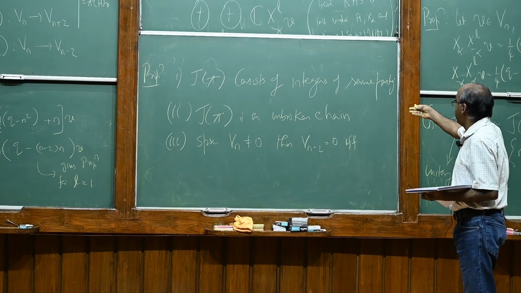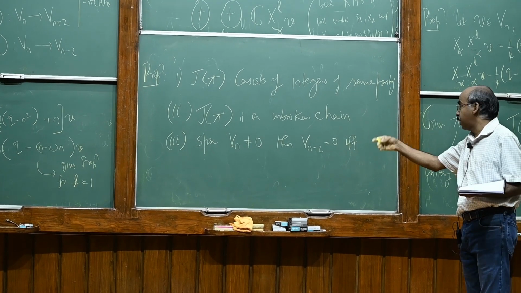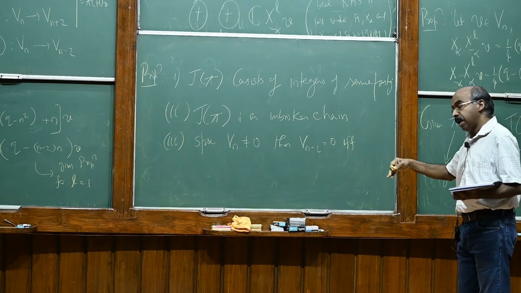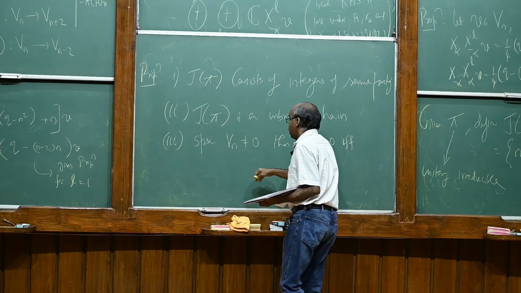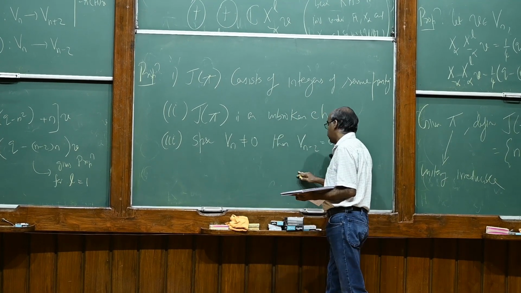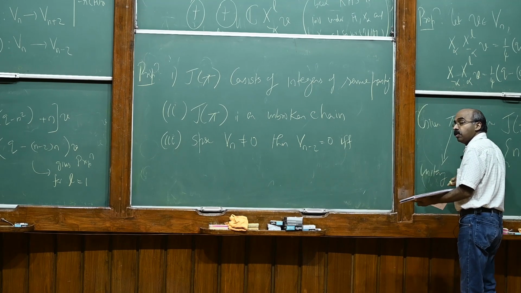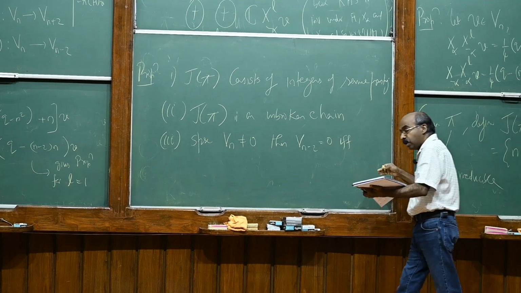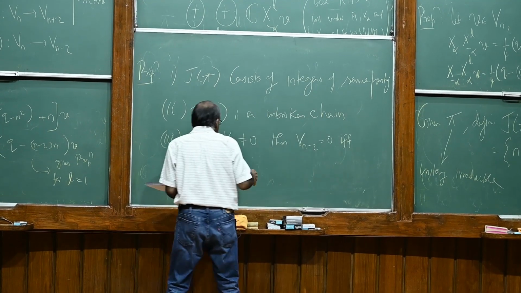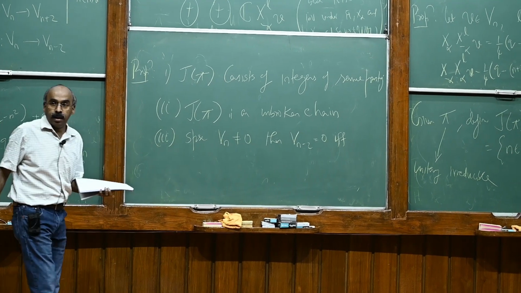So J pi consists of integers of the same parity, so it's either even or odd. And I'm saying it cannot have gaps. So I can have 0, 2, 4, 6, and then it starts from 22, 24. That can't happen. There is no gap. It's an unbroken chain.